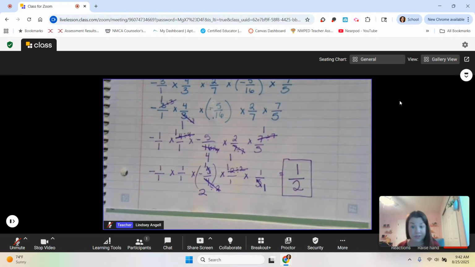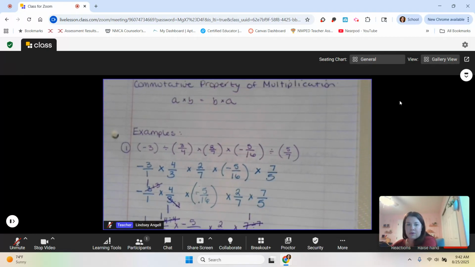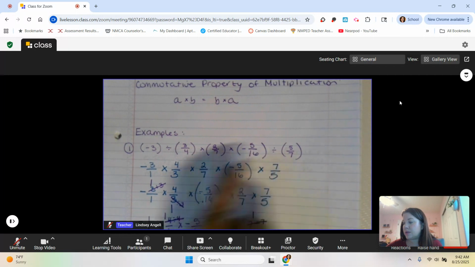Now, did I have to do all of that? No. But once you start understanding how numbers interact with each other, then you can do things like that. You can take those numbers out, reduce, all of those things before you multiply. Now, if you were totally uncomfortable with that, go ahead and do this whole process.